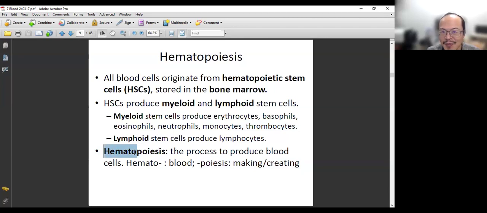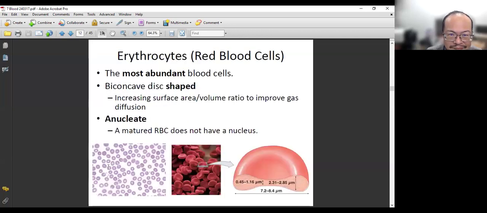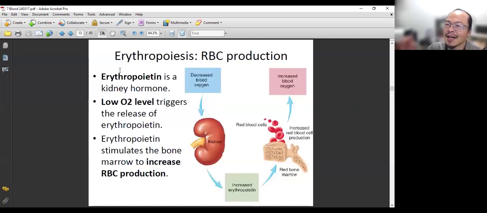So hematopoiesis, hematopoietic stem cell, this is the process to produce the blood cells. But if we are talking about the red blood cell, it's erythrocytes, so it becomes erythropoiesis. And the factor to stimulate erythropoiesis is called erythropoietin.